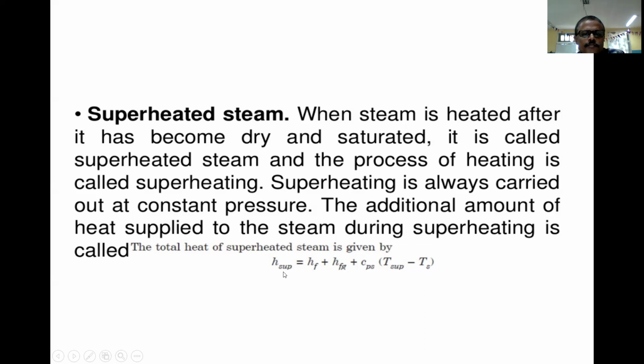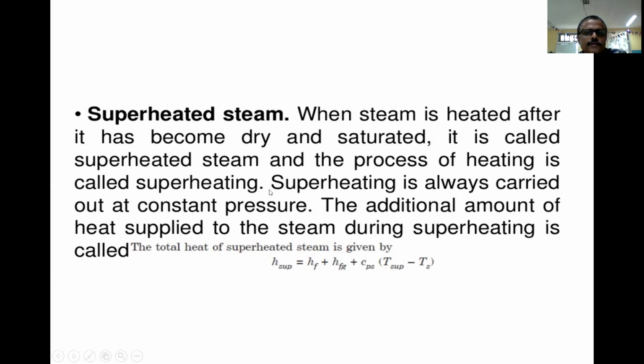So superheated steam is formed, and the heat required to convert 1 kg of water into 1 kg of superheated steam is calculated by this equation. hf plus hfg is the heat required to convert water into dry steam. Then once you reach the steam, it is specific heat into change in temperature. Here mass does not appear in the equation because we have considered 1 kg of water.